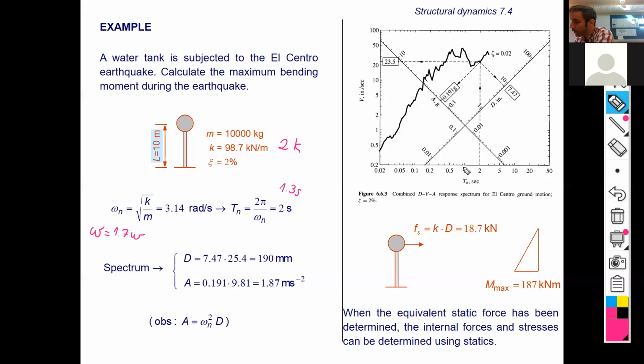Okay? So now I'm going to have to read my values from here, 1.3 instead of 2. And then I go up there. And then I go down here. And I get a new displacement.